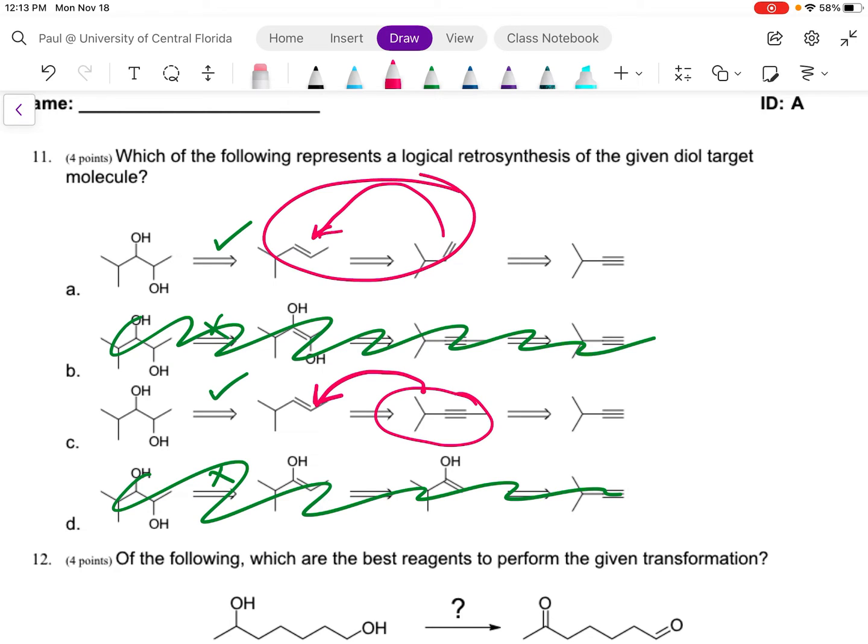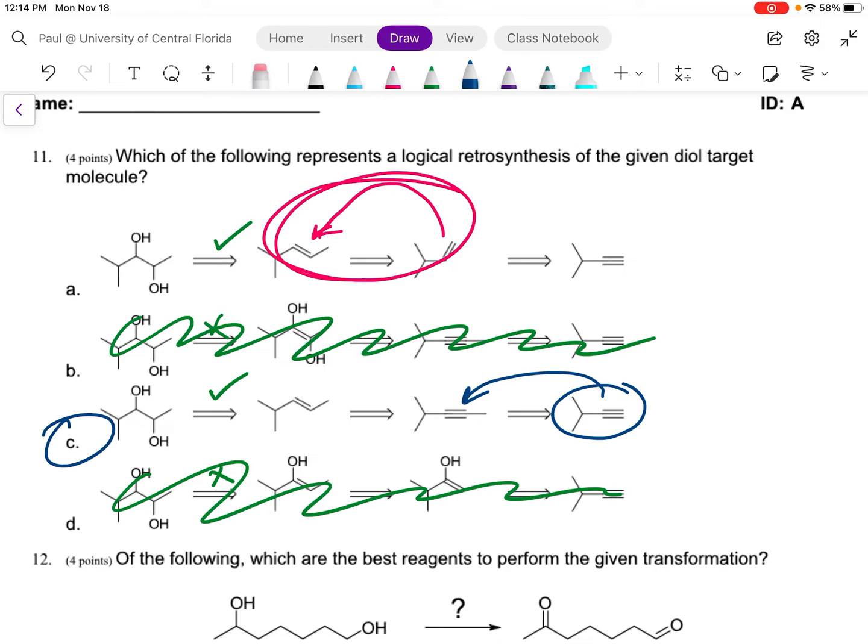But this reaction right here up top could in theory be done, but it would require multiple steps. And so based off of that, the answer choice C is the most proficient and makes the most logical sense. And then when we take C to double check to see does everything work, do we know how to take an alkyne and tack on one carbon to it? Yes, we do, by an alkynide reaction. So answer choice C is the best answer choice.